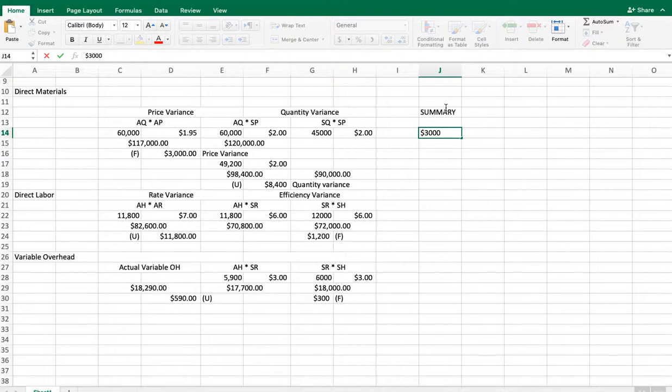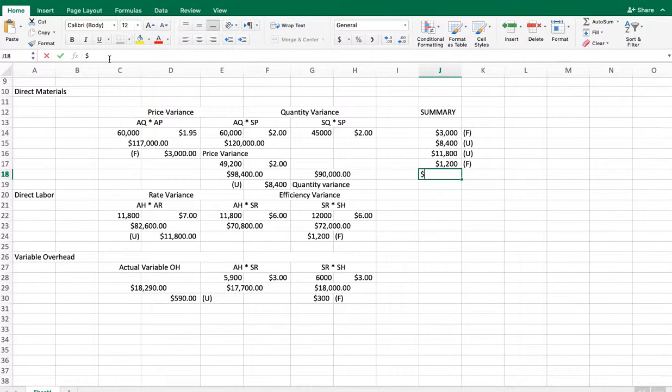So we have 3,000 favorable. We have 8,400 unfavorable. We have 11,800 unfavorable. We have 1,200 favorable. I'm having trouble with this one. Okay, and then we have 590 unfavorable.